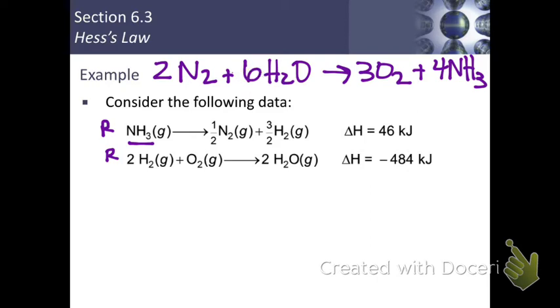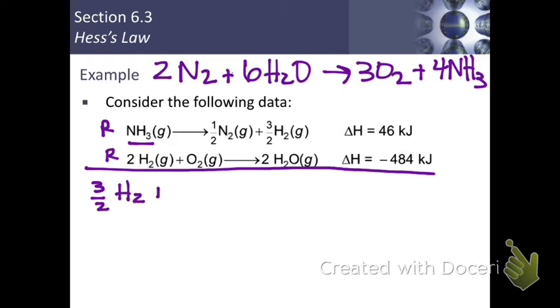Okay, so now I'm going to go ahead and rewrite it. Sometimes it's helpful to draw a line there so I can see, okay, I'm making a little change here. 3/2 H2 plus 1/2 N2 yields NH3. And then delta H would be negative 46 here.